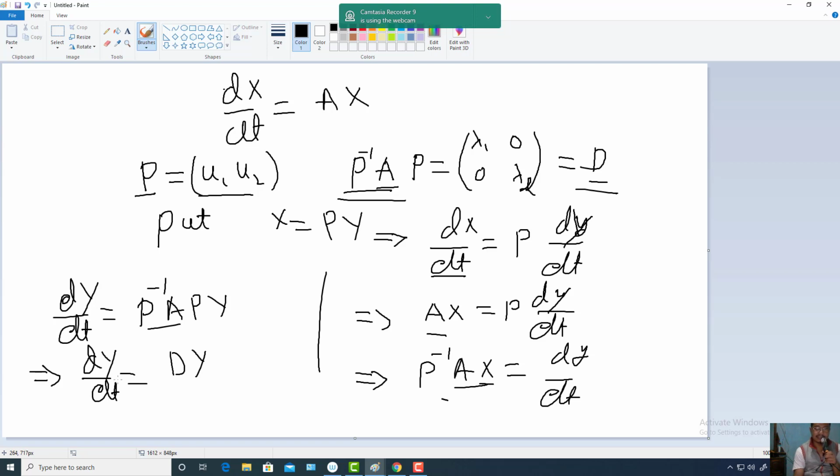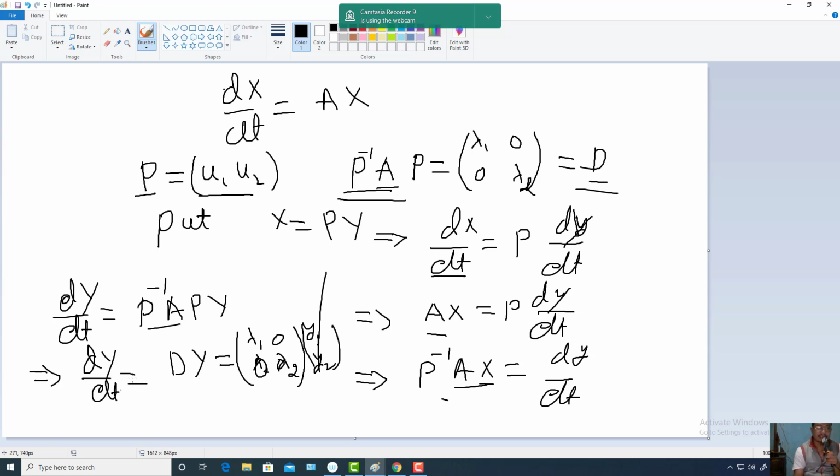That means this is dy by dt, and this is the diagonal matrix with lambda 1, 0, 0, lambda 2, and capital Y means y1, y2 here.